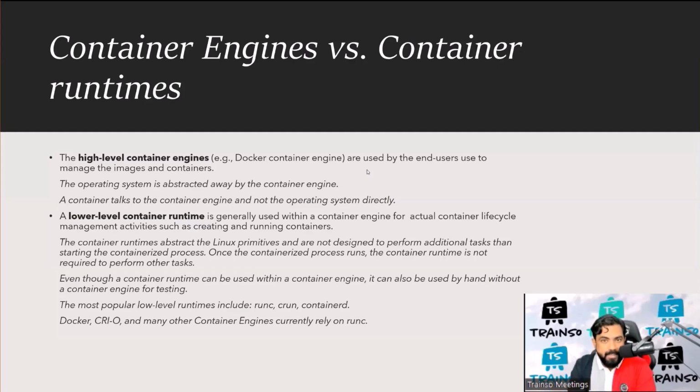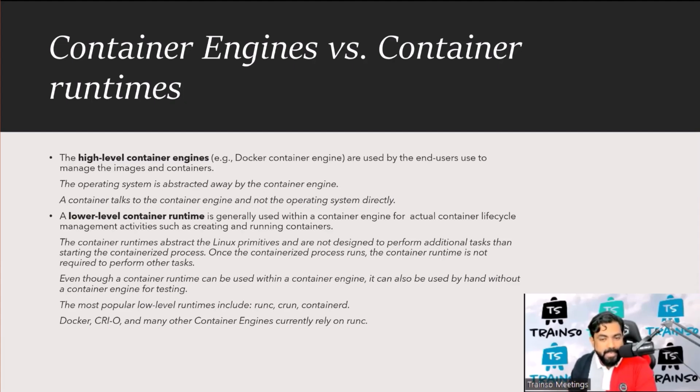There are two terms here, right? Container engines and container runtimes. The high-level container engines such as Docker are used by the end users to manage the images and containers. These high-level container engines usually make use of a low-level container runtime to actually communicate with the operating system.